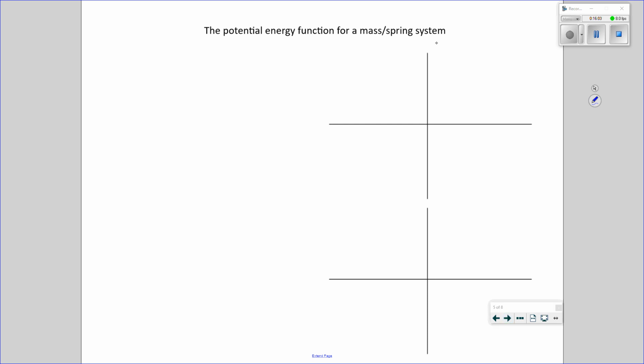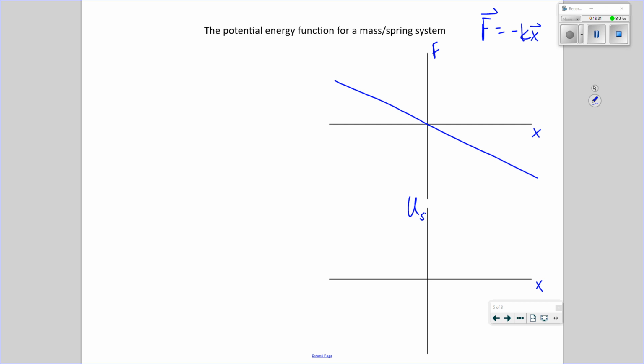So if we say, here's a spring force function, it looks like this: F is negative kx vector. That's Hooke's law. If we wanted to derive potential energy in the mass spring system as a function of x, here's what we do.